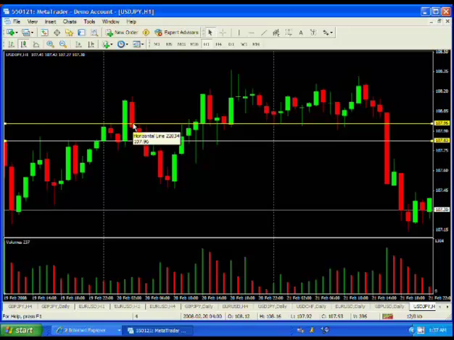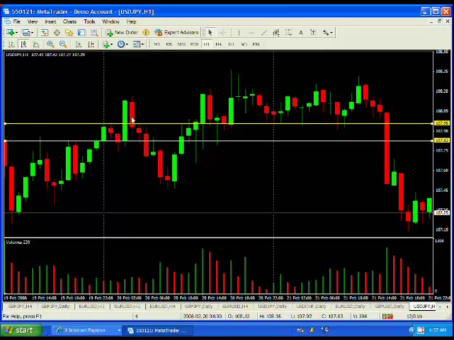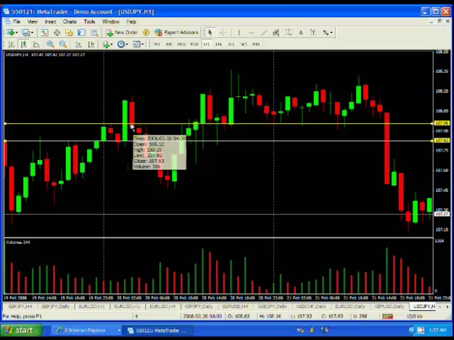And so when this bar came back and touched, and especially when we consider that we have red bars here for support, this bar closed at 107.93. So now if we had entered here at 107.93, and this closed at 107.93.